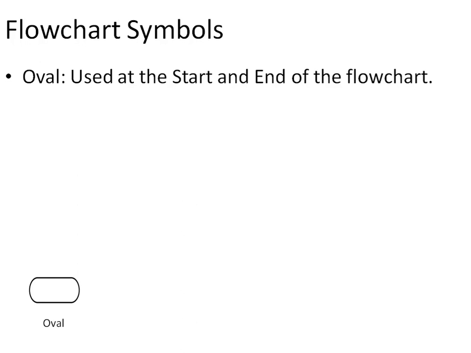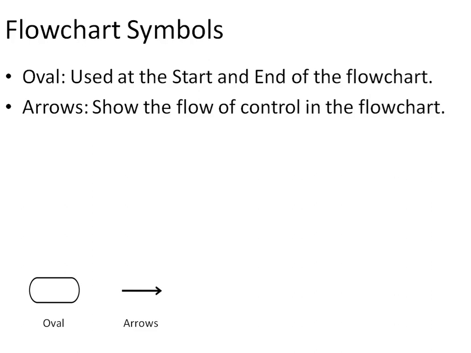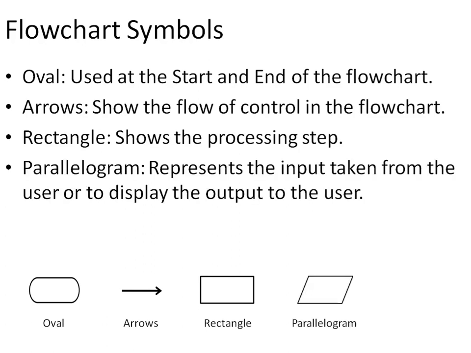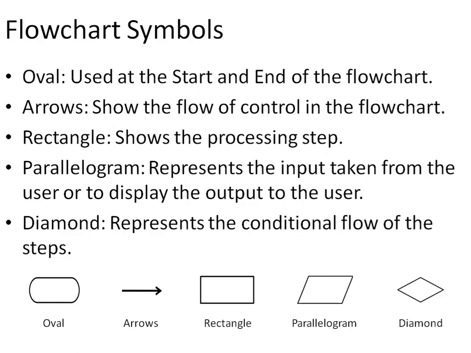The start and end of flowcharts are marked with ovals. Arrows signify the flow of control. CPU processing is shown with the help of a rectangle. Parallelogram is used to represent input taken from the user as well as the output to be displayed to the user, and diamonds are used to show conditional flow.